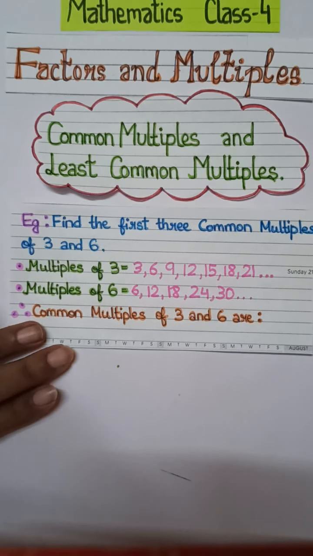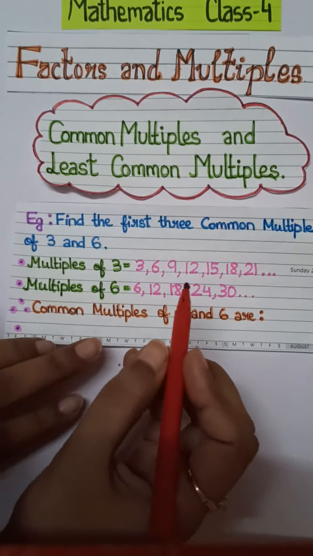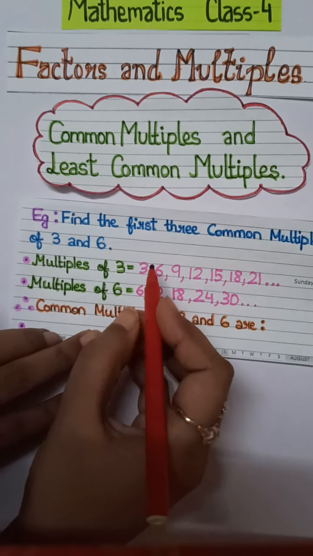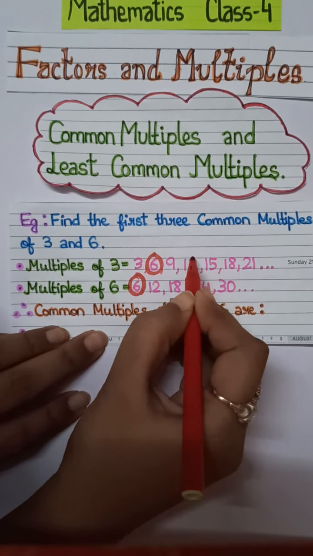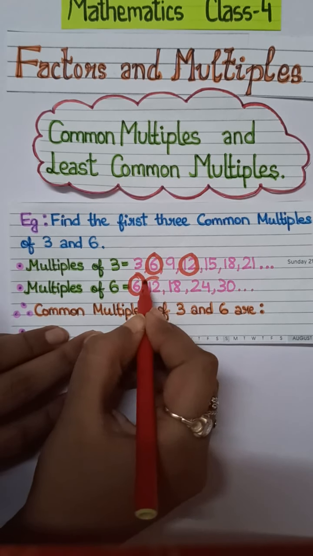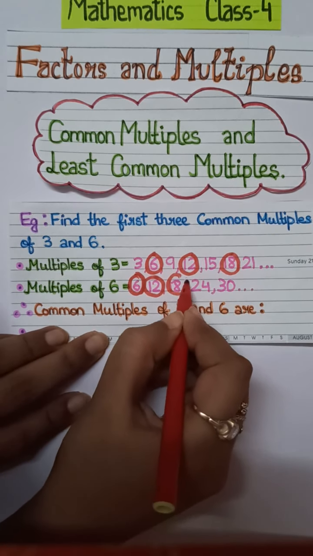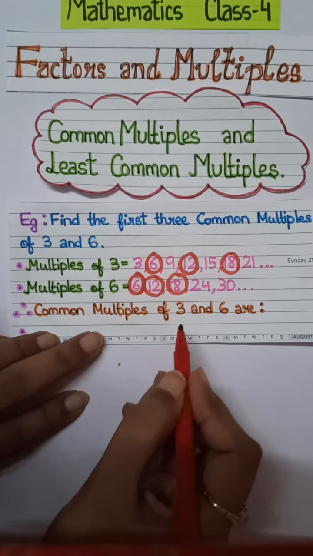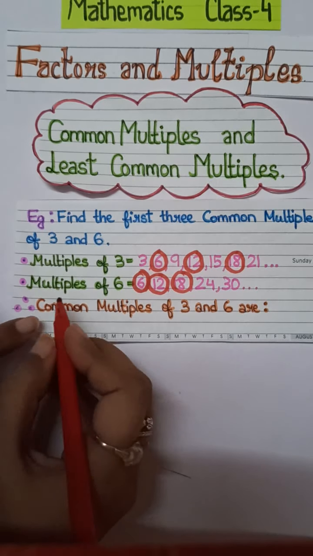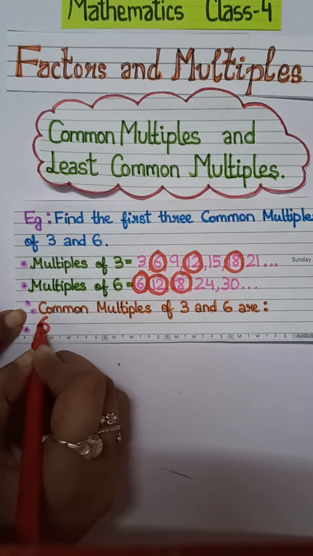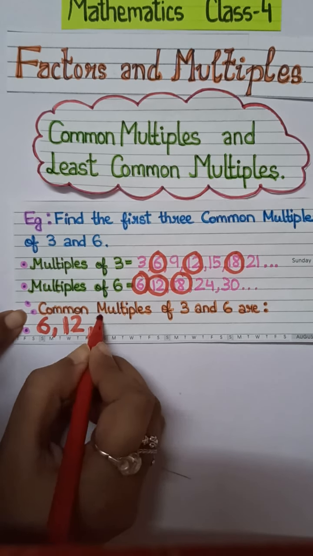After writing the multiples of 3 and 6, we circle the common numbers or the common multiples: 6, 12, 18. Therefore, common multiples of 3 and 6 are 6, 12 and 18.